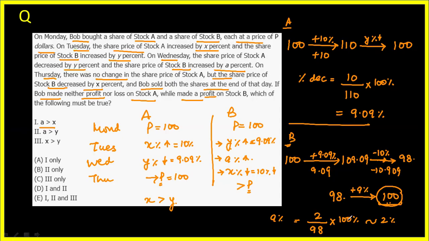So A can be greater than X, equal to X, or less than X. Nothing can be determined. It's a must-be question. We are not sure about the second as well. The third is definitely going to be true: X is greater than Y. That is a must-be condition. Option C is the correct answer here.